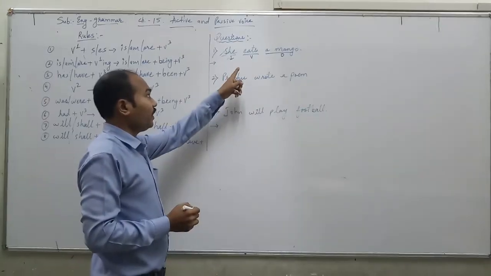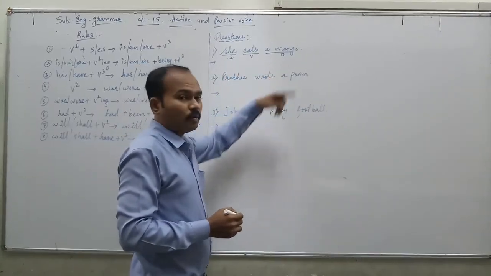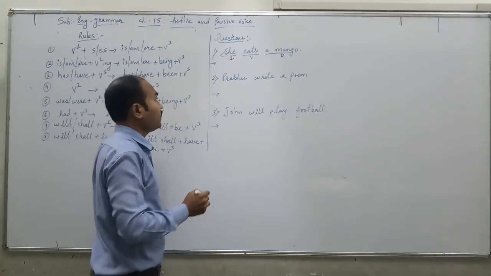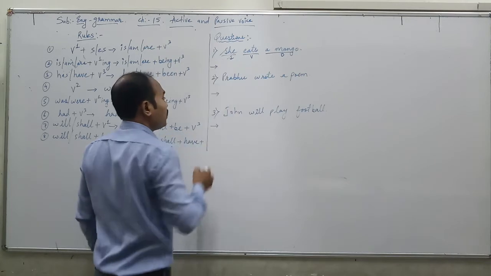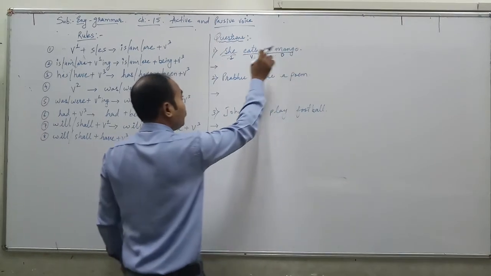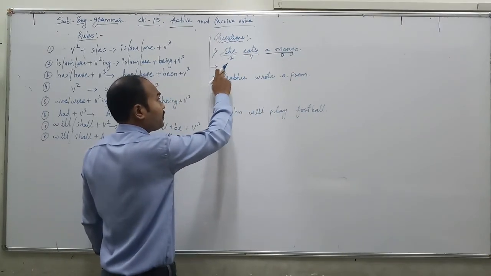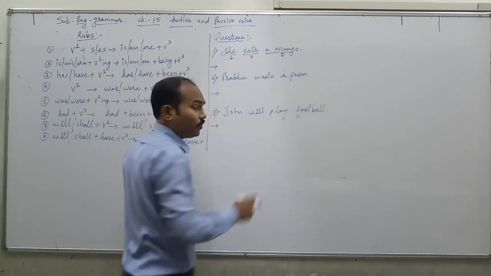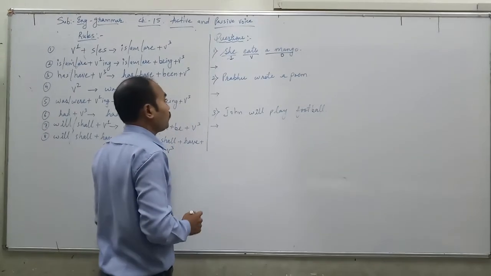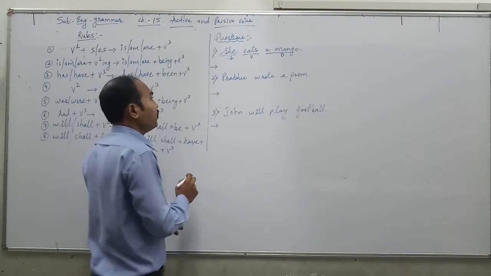After identifying the SVO pattern, you have to convert them. First of all, the object will go in the place of the subject, then the verb, and finally the subject will go in the place of the object. In this way we convert from active voice to passive voice.